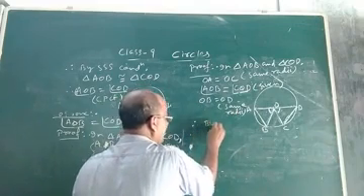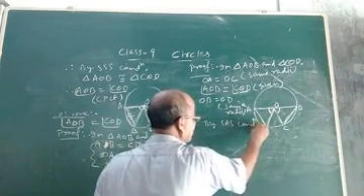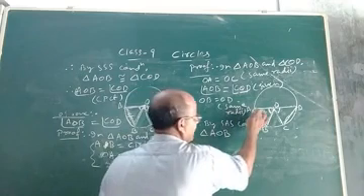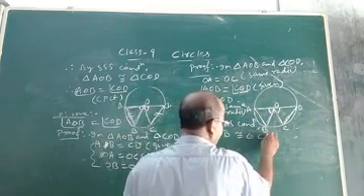Therefore, by side angle side congruence condition, triangle AOB will be congruent to triangle COD.